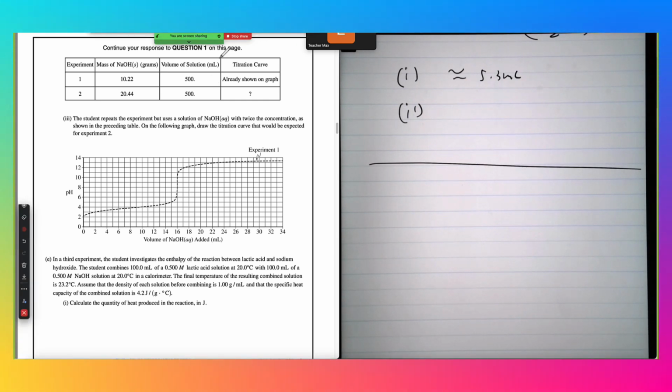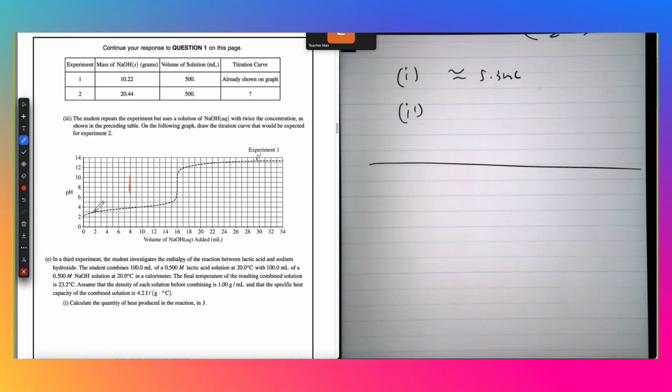So you're just going to have to move your equivalence point to 8 instead of 16, and then you just connect them. Alright, it's kind of hard to draw with my mouse, but it should look something like that.